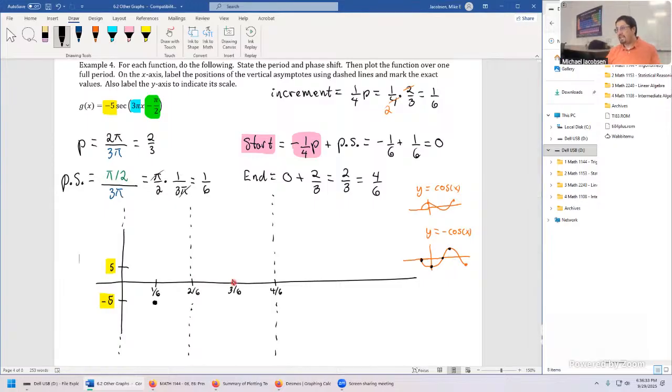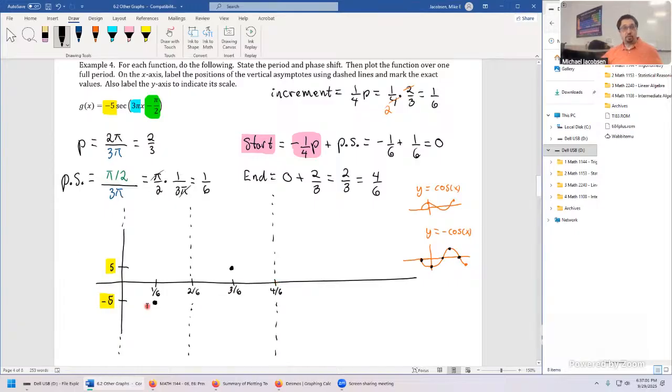And sure, we're just looking at negative cosine x without all the fancy transformation stuff. But this is just a guide because those points emerge in the same order, no matter how you stretch it or compress it. So over here, 3/6, we have that point there. Finally, at 4/6, that corresponds to this one. Oh, skipped one. To this one, where a vertical asymptote would have emerged.